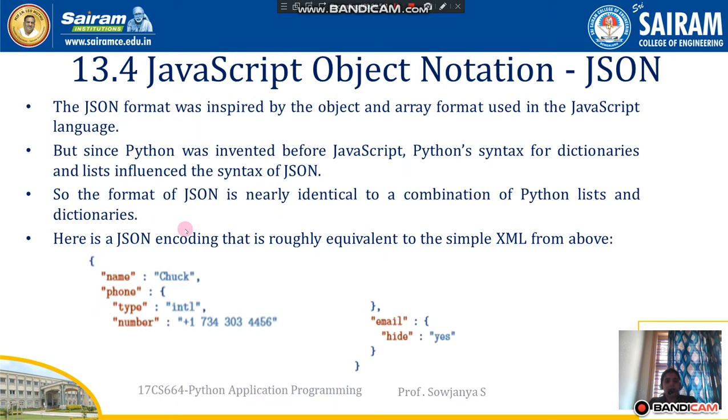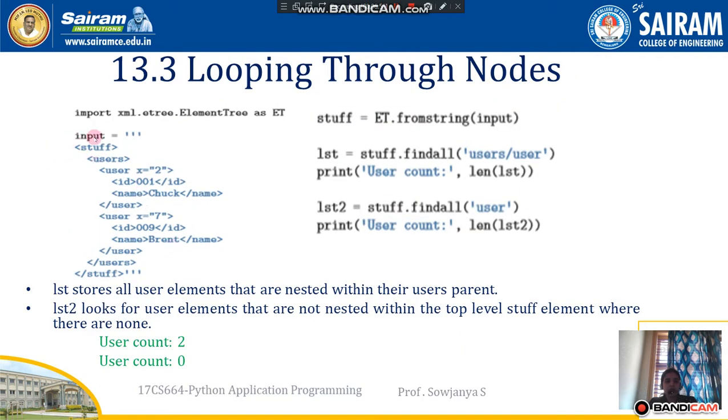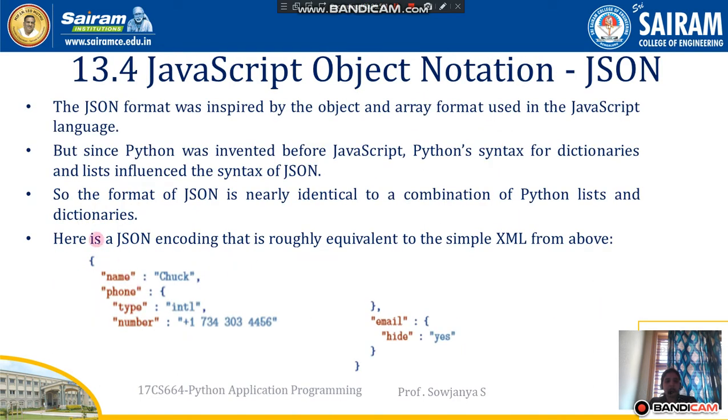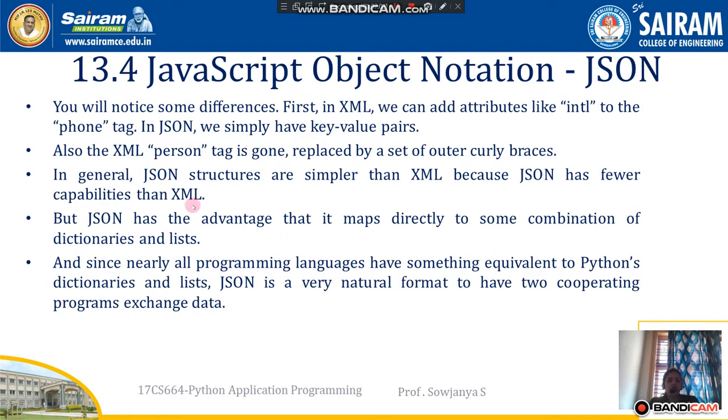So when you compare to the previous example, you can see we had tags written there, but here we have curly brackets. In general, the structure of JavaScript Object Notation is simpler when compared to XML because JSON has fewer capabilities than XML.